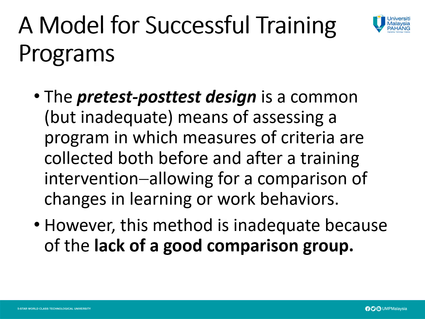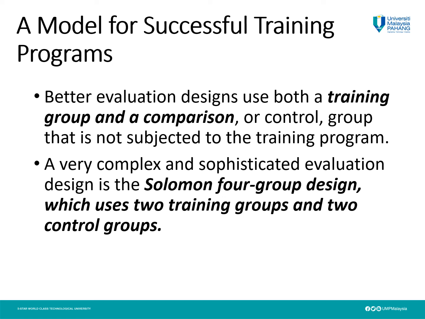However, this method is inadequate because of the lack of a good comparison group. Better evaluation designs use both a training group and a comparison or control group that is not subjected to the training program. A very complex and sophisticated evaluation design is the Solomon 4 group design, which uses 2 training groups and 2 control groups.